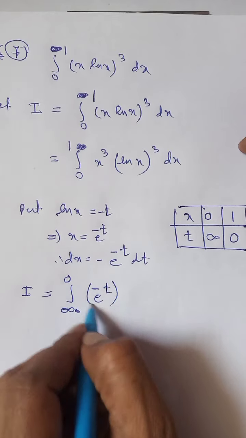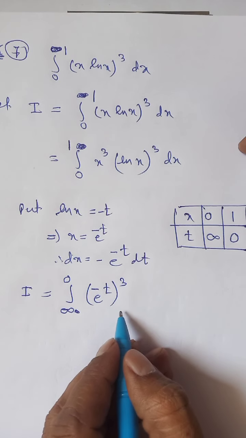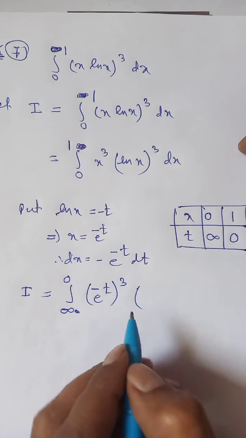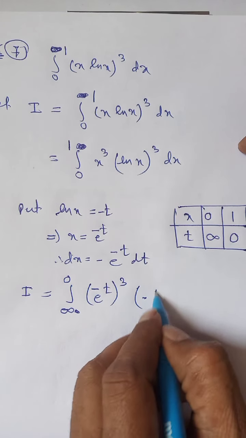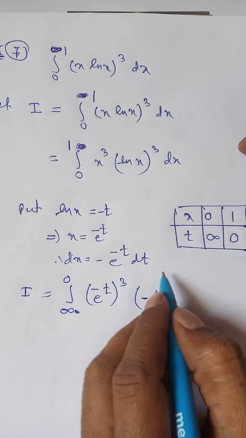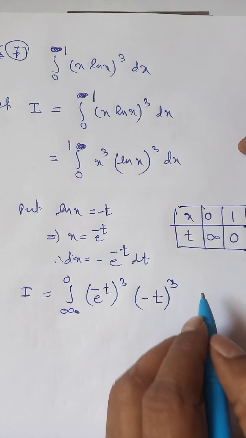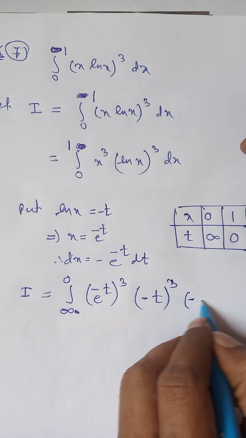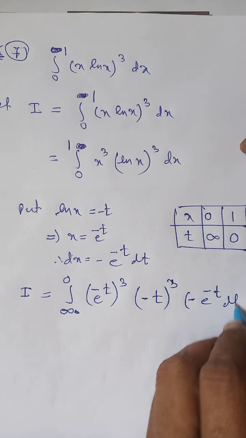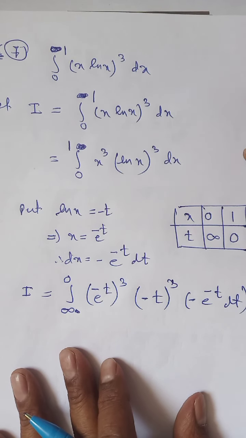So e to the power minus t whole cube into log x. Log x is minus t cube into dx. dx is minus e to the power minus t dt.